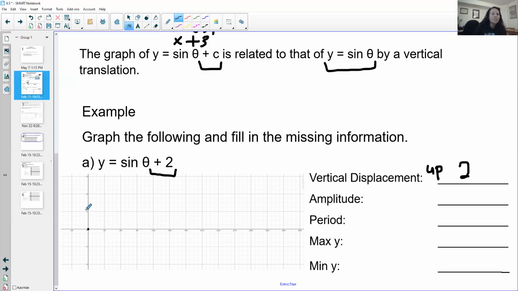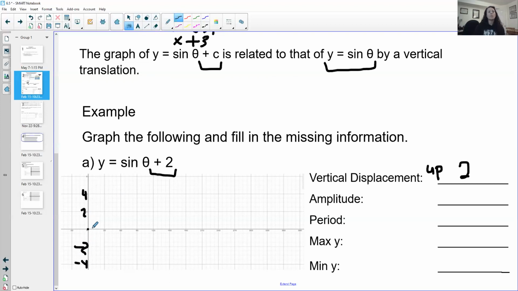Oh, I can't do that actually because I forgot about my shift. There we go. So, sorry, so it's 0, 0. These go up by 2. So this is 2, this is 4, this is -2, and -4.